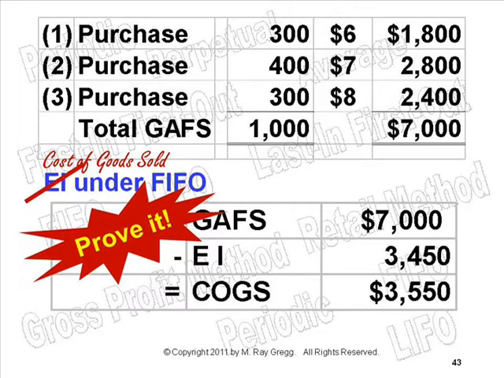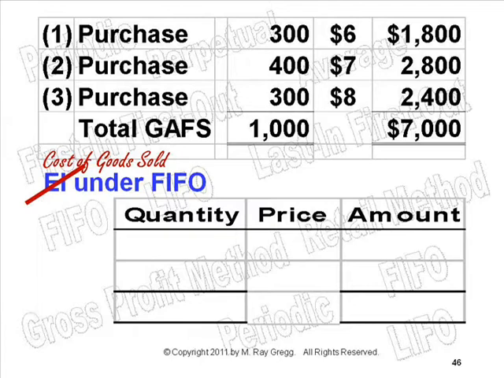Let's prove the cost of goods sold calculation. Now, we've got all these goods available. And under the FIFO assumption, we started at the bottom of the list and worked up to find ending inventory. Well, if we're trying to find cost of goods sold, we're going to start at the top of the list and work down and find the units that were sold.